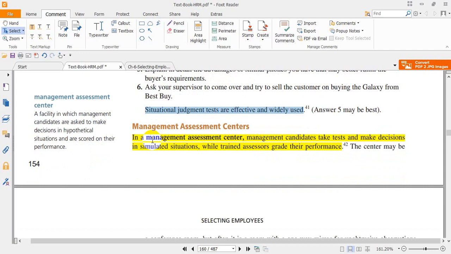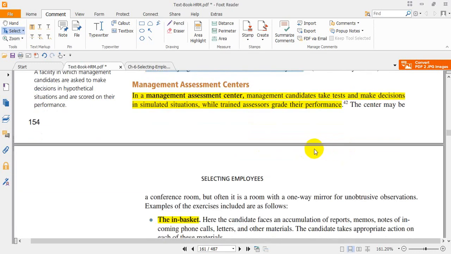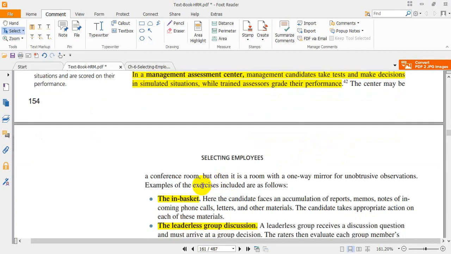Okay, the other type is management assessment centers. In a management assessment center, management candidates take tests and make decisions in simulated situations, while trained assessors grade their performance. The center may be a conference room, but often it is a room with a one-way mirror for unobtrusive observation.